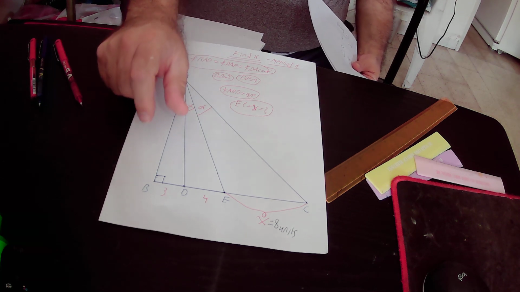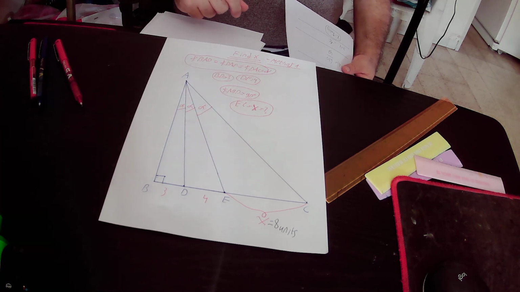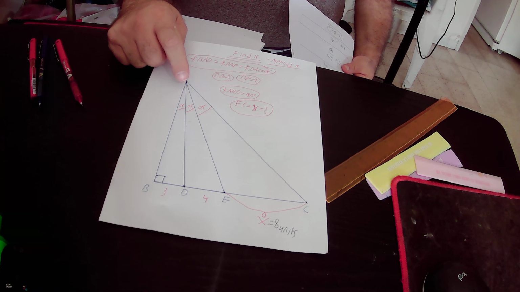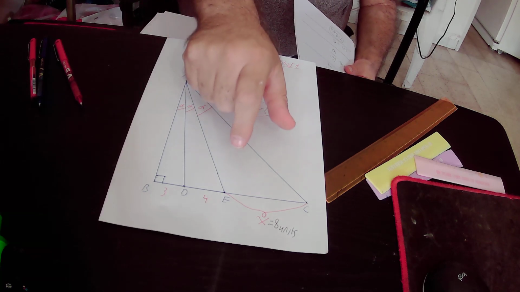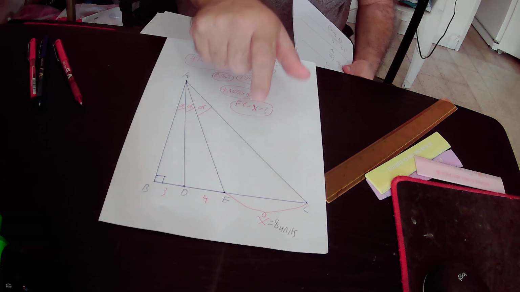We know that BD equals 3 units, DE equals 4 units, and angle ABD equals alpha, angle ADE equals alpha, and angle EAC equals alpha. And we want to find out the value of X, that is actually also EC.